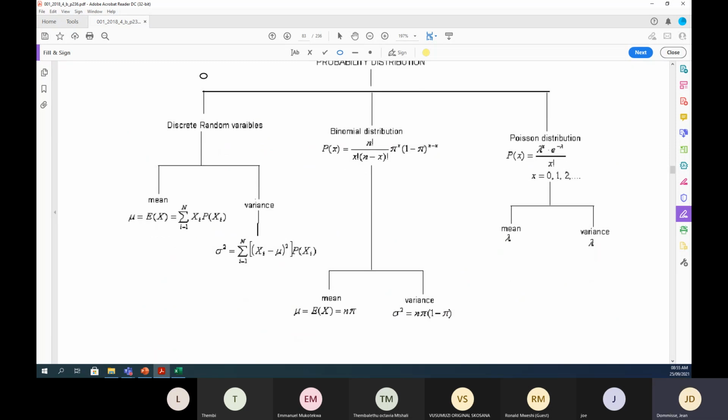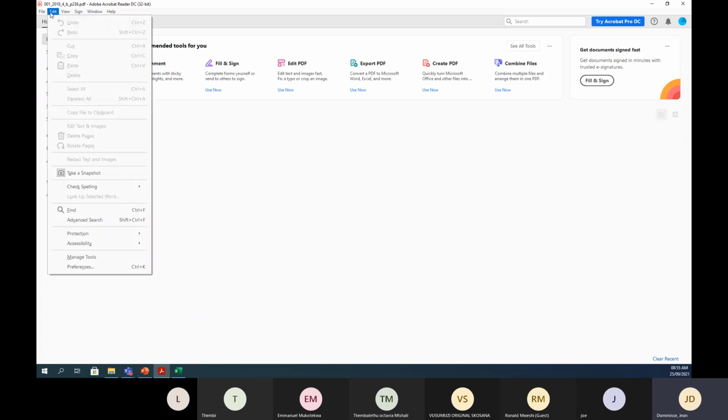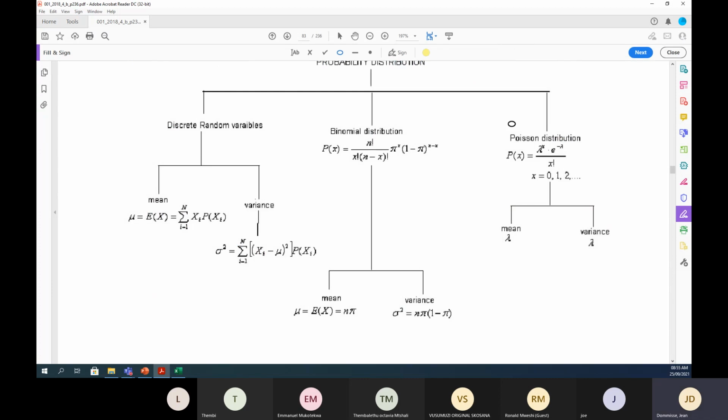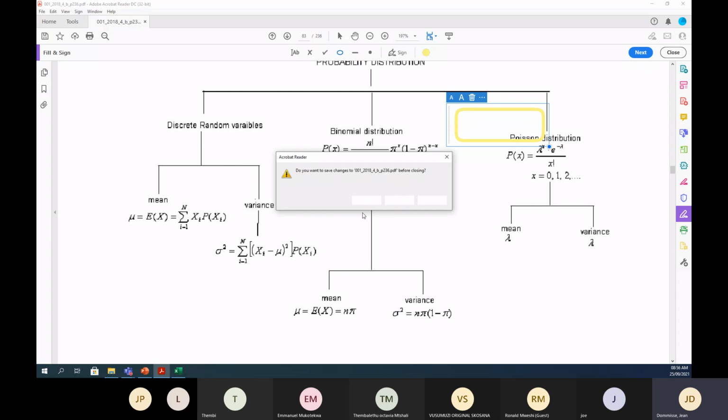Okay, that's a very ugly one, but let me just do it.